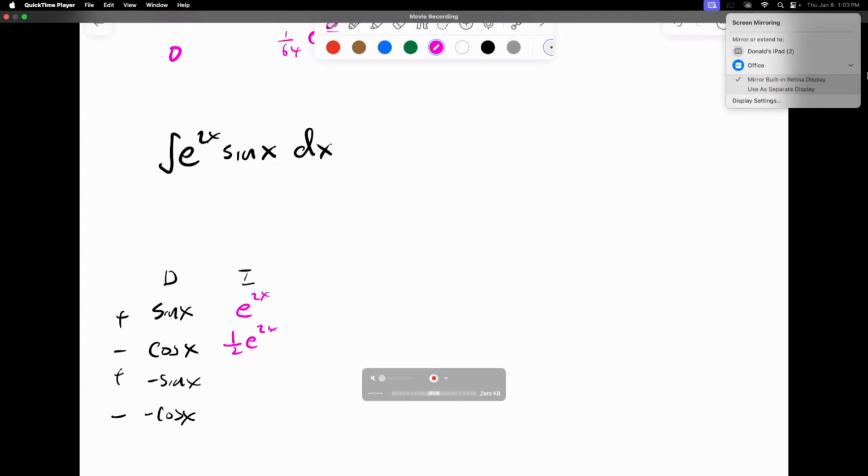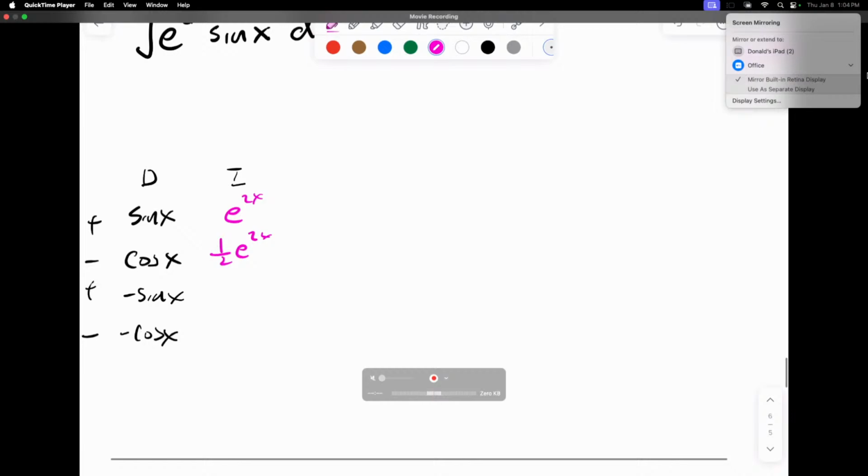I'll do this on the side: the integral of e to the 2x dx, u equals 2x, du equals 2 dx, so du over 2 equals dx. That would be e to the u, du over 2, and that's where the 1/2 comes from. But that's a longer way to do it, and I don't want to do that anymore. From now on, you can figure out the next one is going to be 1/4 e to the 2x, and then 1/8 e to the 2x.